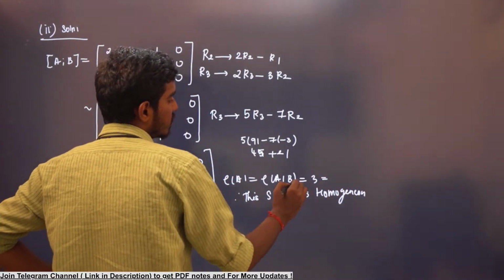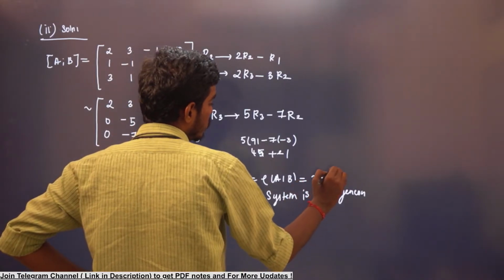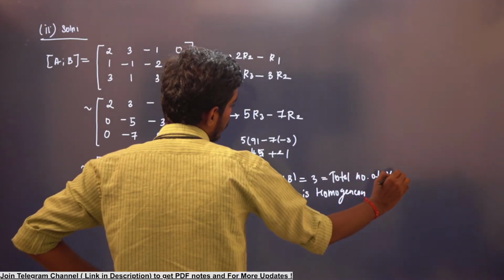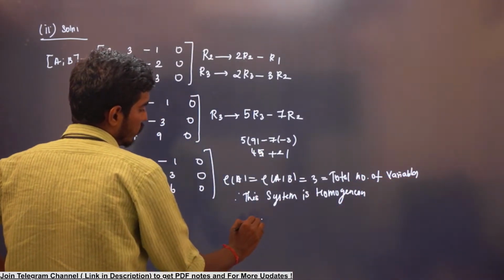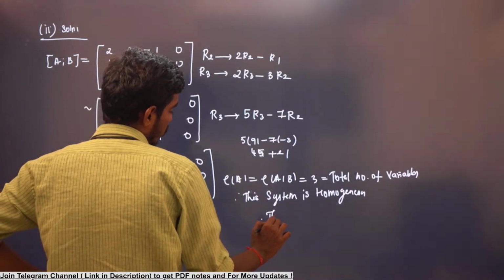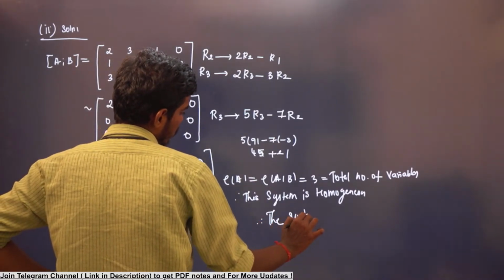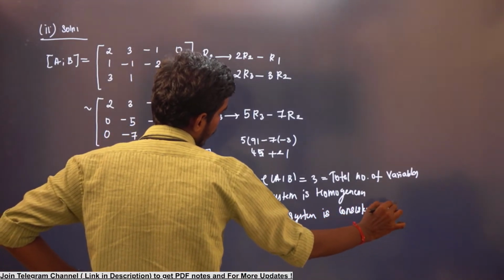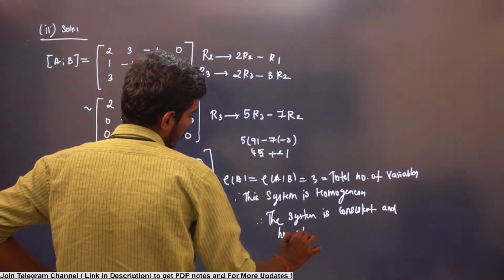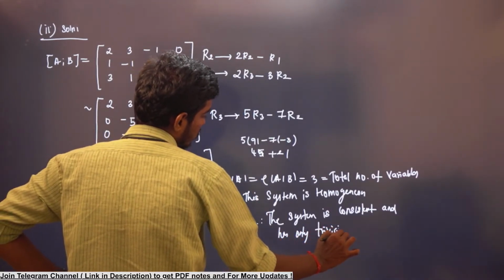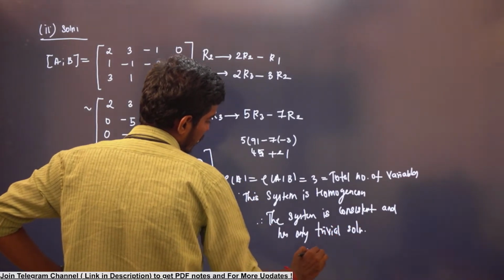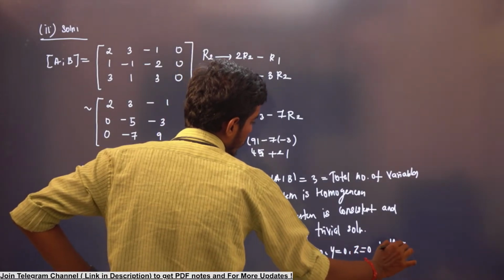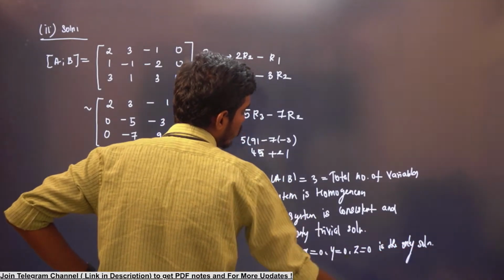For a homogeneous system, whenever both the ranks are equal to 3, and that is equal to the total number of variables, therefore the system is consistent and has only the trivial solution, or unique solution. That means x is equal to 0, y is equal to 0, z is equal to 0 is the only solution.